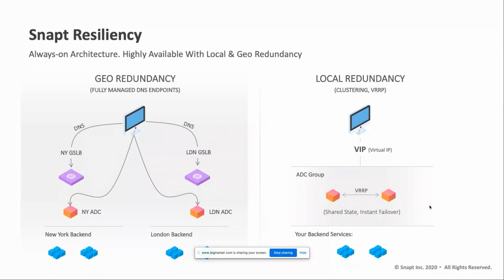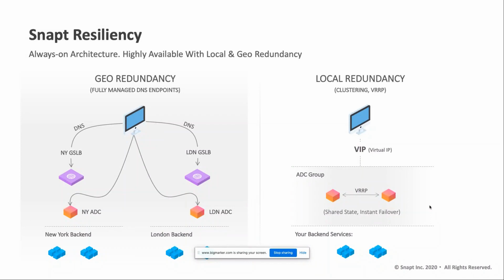But of course, local redundancy is as important. If I experience a small failure in my data center that is hardware related, it doesn't necessarily mean that I need to completely fail over to another site and cause potentially my users to go over a WAN connection and receive a slower experience. We can deploy our ADCs in a cluster, effectively in a group that they're able to communicate between each other.